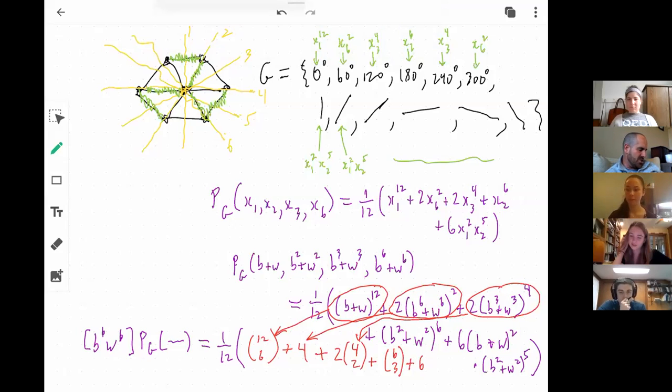Wouldn't that be 5 choose 2? But then I also have 6 times, I could have done it the other way around. So B to the 4th, W to the 6th, but I also could have done W to the 4th, B to the 6th. So that's also 6 times 5 choose 2.